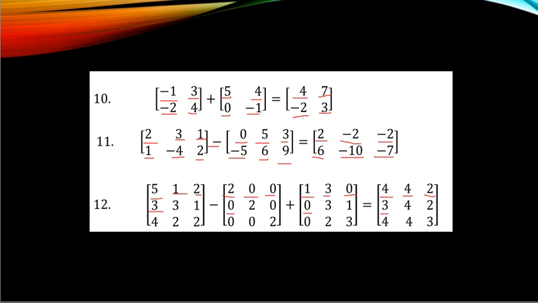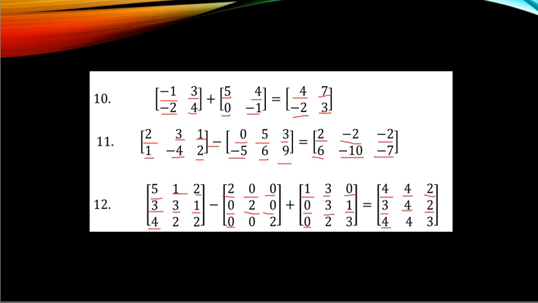Still on the second row, 3 minus 2 is 1. 1 plus 3, you have 4. Then let's take the last entry in the second row. 1 minus 0 is 1. 1 plus 1, you have 2. The third row, 4 minus 0 is 4. 4 plus 0 is 4.